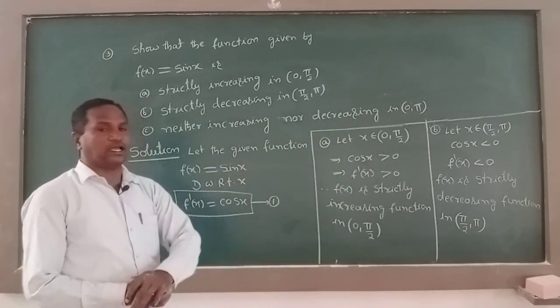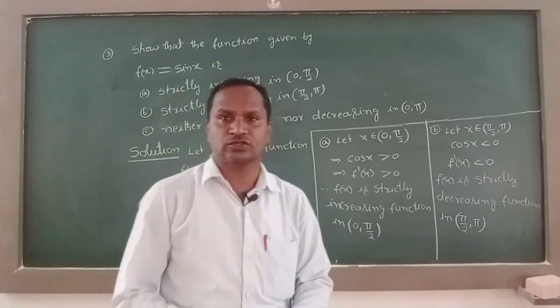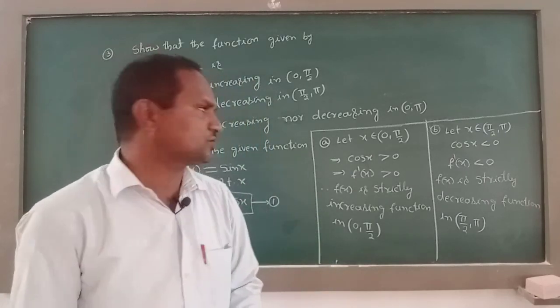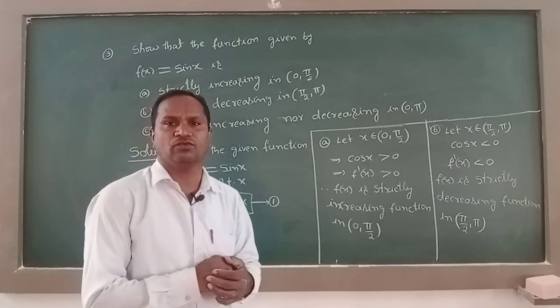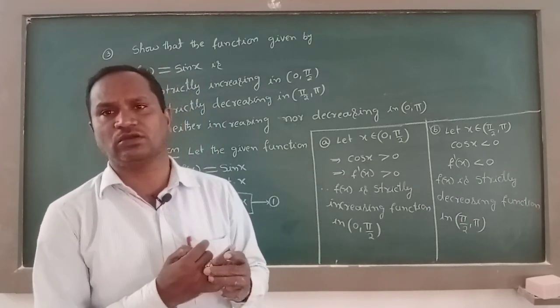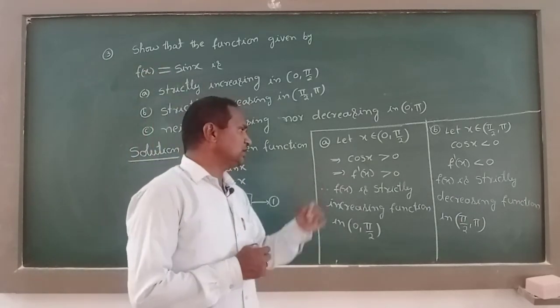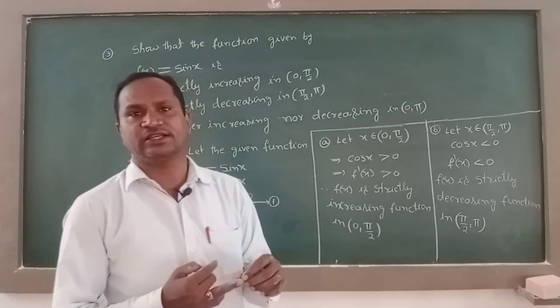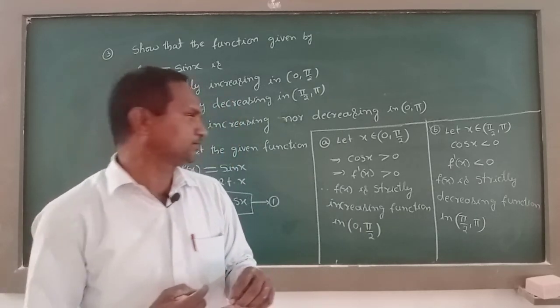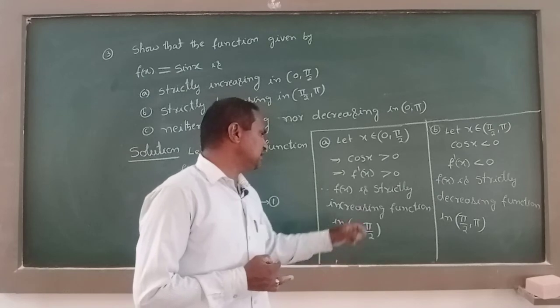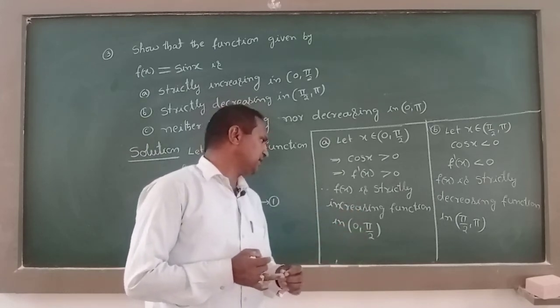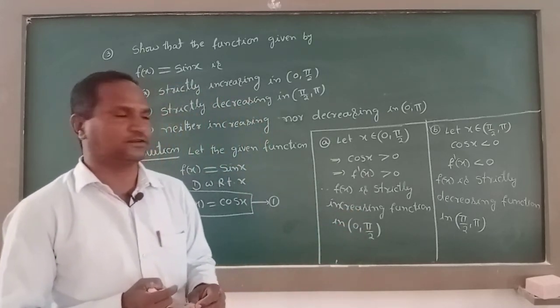In the first question, the function belongs to the first quadrant. In the first quadrant, the cosine function is always positive, so we can take f dash of x greater than 0. Greater than 0 means f of x is a strictly increasing function.